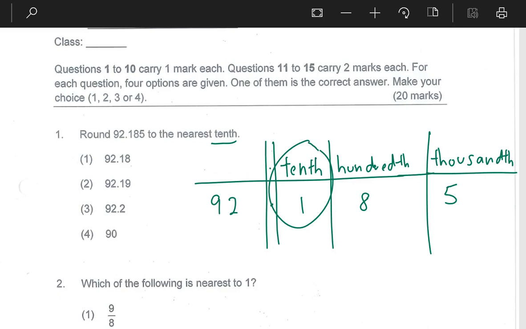I will need to round up or round down depending on the digit behind it. I may round to 2/10, or I may stay at 1/10, but in this case I would like to round up because of the digit 8. It tells me that it is closer to 2/10 rather than 1/10. So the answer will be 3.